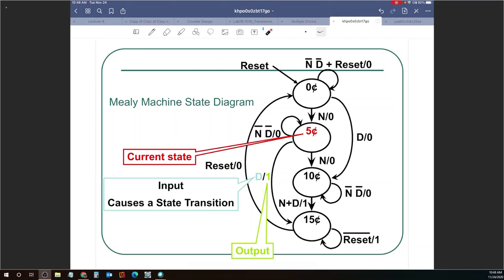Now, what we can do is implement the same vending machine with the same state assignment. However, this time we will design it using a Mealy machine. In a lot of these finite state machine designs, you have the option to go with a Moore-based design or a Mealy-based design.